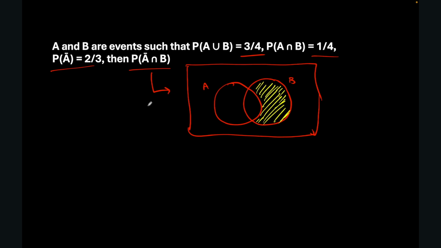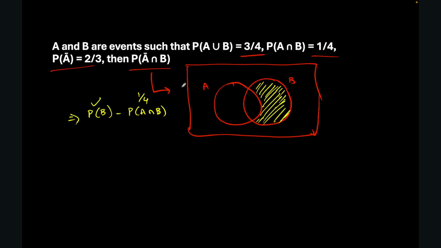What I said was this part is just the same thing as the probability of B minus the probability of A intersection B. So if we can find the probability of B, and we're already told A intersection B is 1/4, we can find our answer.